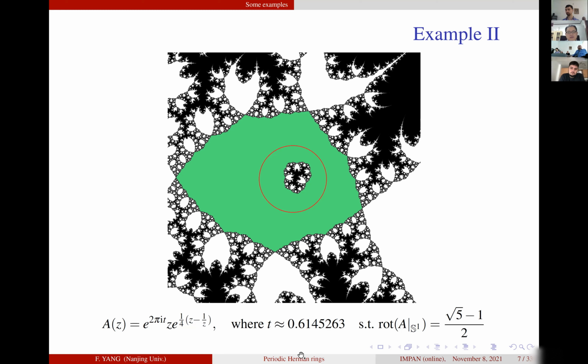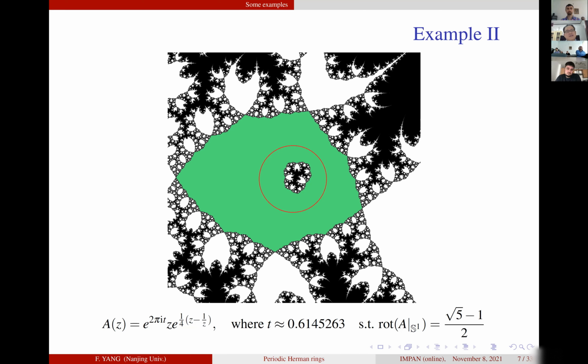If the rotation number is nice, then this map has a Herman ring surrounding the unit circle. It is a Herman ring and cannot be a Siegel disk because 0 and infinity are essential singular points of the map. So this is the second example.